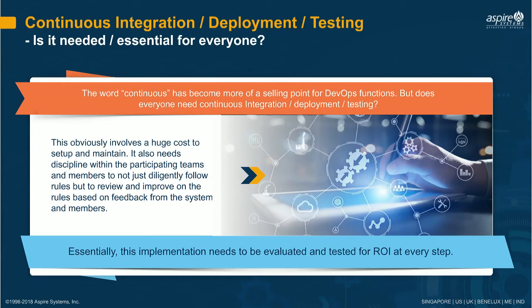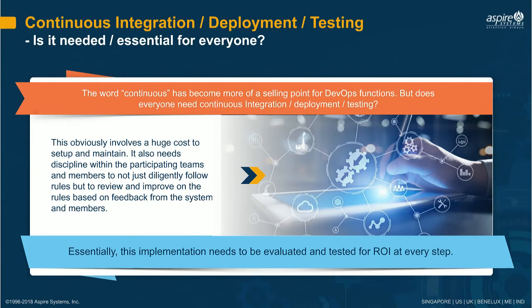So if and when you choose to do continuous integration, deployment, or testing, make it a point to evaluate your return on investment at every step. If it is making it difficult for even one person in the whole system, then make sure that you do a proper analysis and ensure that your return on investment is better than before.